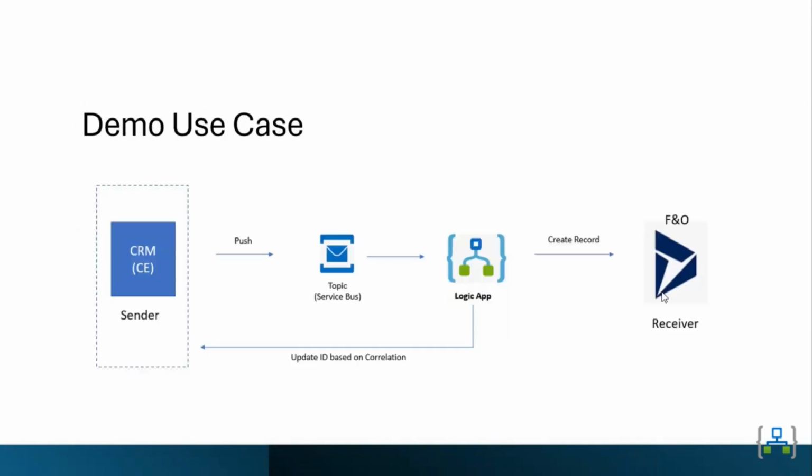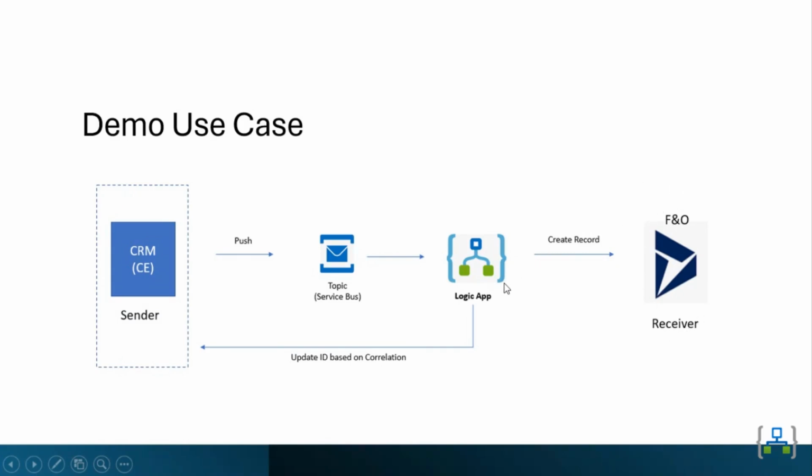The use case we will be focusing on: we will have a CRM system that will push the data to our topic or queue of the service bus, which will automatically fetch and trigger the logic app. The logic app will perform some data transformations, modify the record in the way it needs to be stored at the other end, and then we have the record created at the other end.